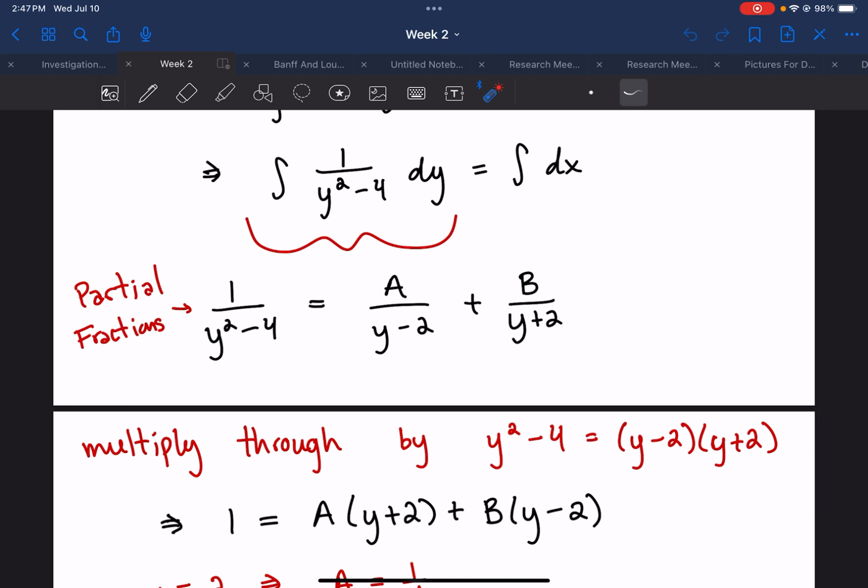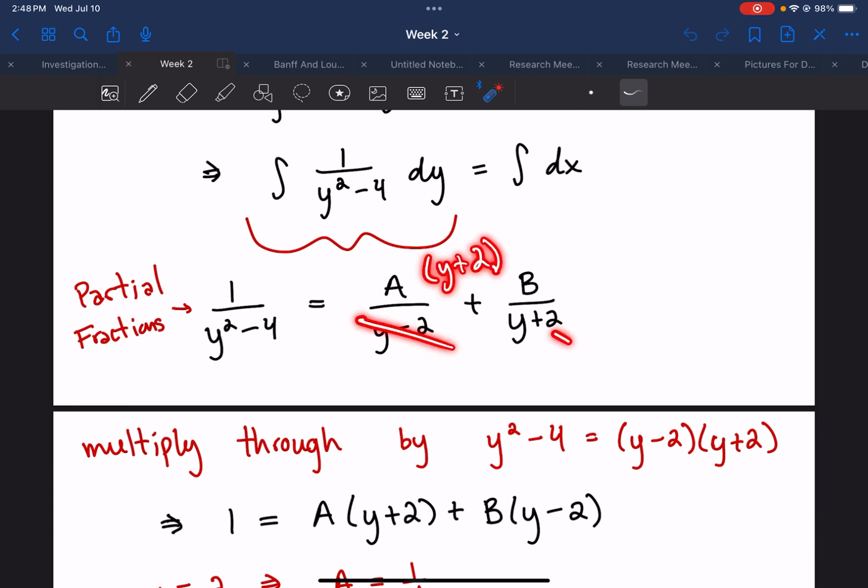In order to solve for A and B here, we're going to multiply through by the denominator on the left-hand side to cancel out all of the denominators. Since y squared minus 4 is equal to y minus 2 times y plus 2, when I multiply this fraction by y squared minus 4, I cancel the y minus 2, and I'm left with the factor of y plus 2.